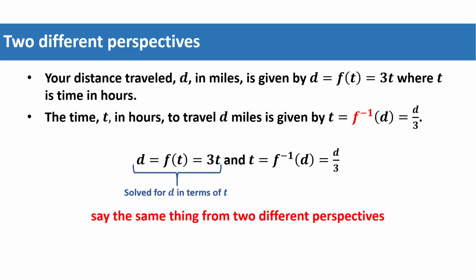The first version of the equation is solved for d, distance, in terms of t, time, while the second version of the equation is solved for t, time, in terms of d, distance. This important principle that inverse functions say the same thing from two different perspectives holds in general whenever a function has an inverse function.